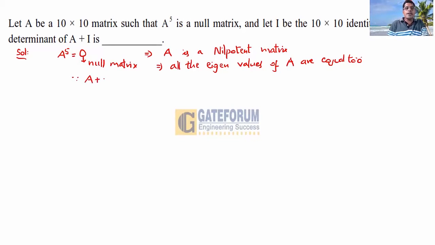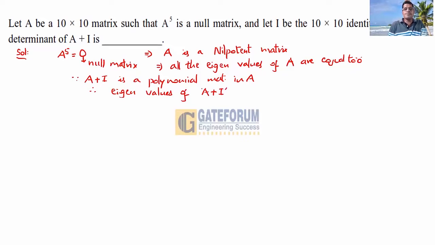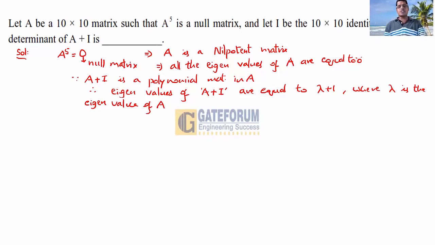since A plus I is a polynomial matrix in A, therefore, eigenvalues of matrix A plus I are equal to lambda plus 1, where lambda is the eigenvalue of matrix A. 1 is the eigenvalue of the corresponding identity matrix.